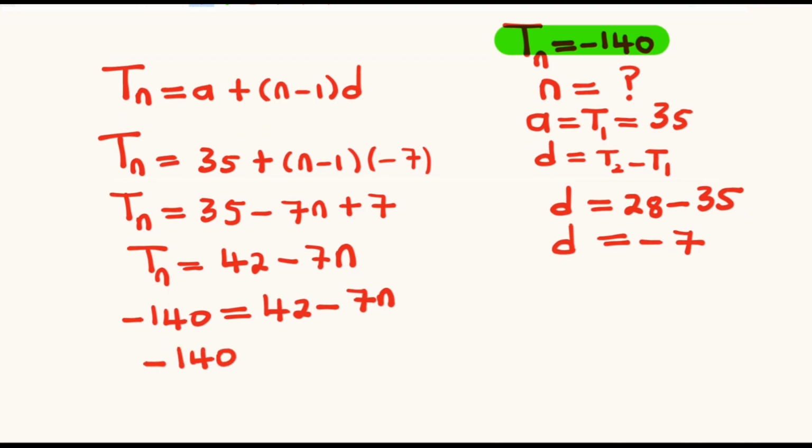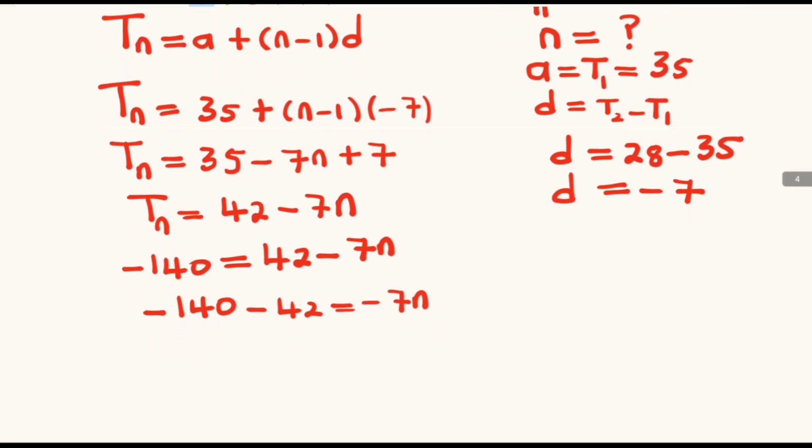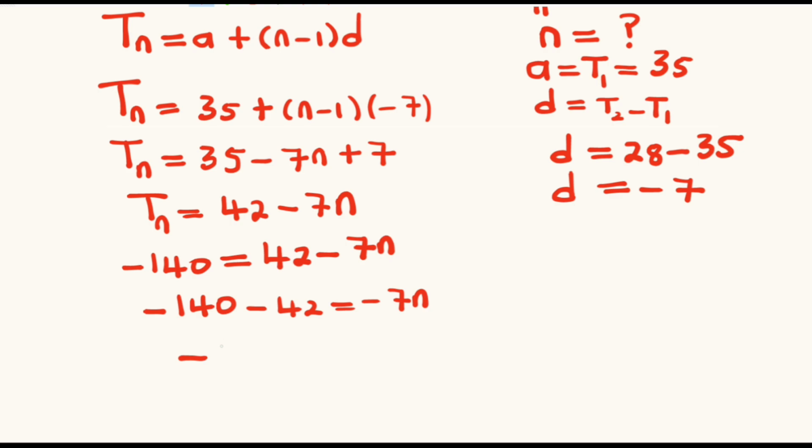It will change sign to negative 42. And the left hand side will be equal to negative 7n. Negative 140 minus 42 is equal to negative 182.